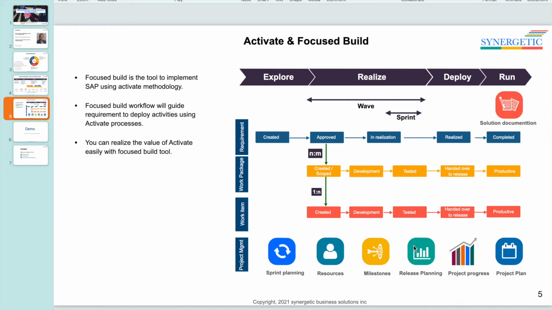So when you implement Focus Build, you automatically implement the Activate methodology. You don't have to do anything more. Focus Build workflow, the whole process from requirements to deploy, starting with the requirement and all the way until you deploy a work item or a work package, all the methodology is Activate.